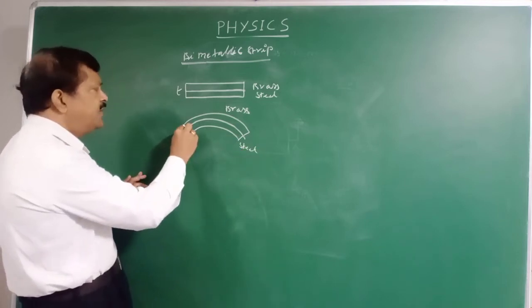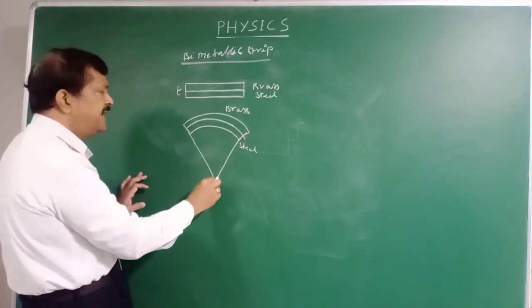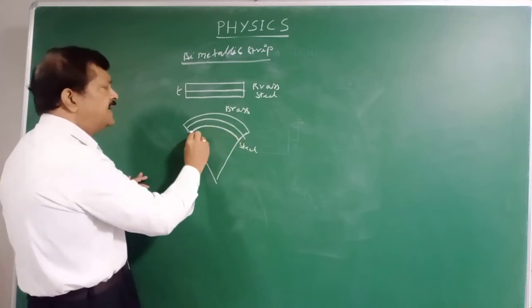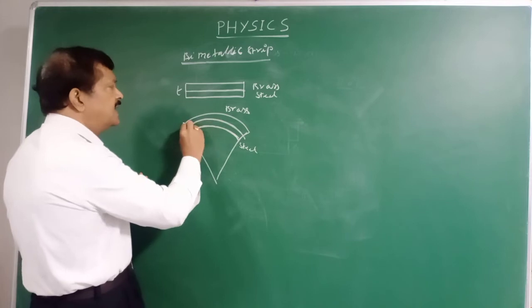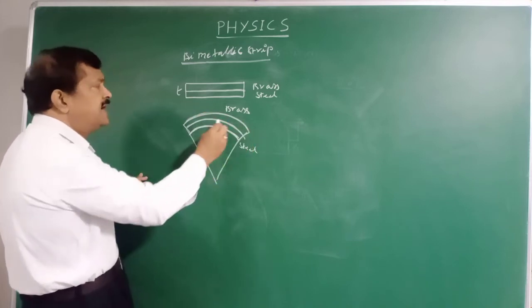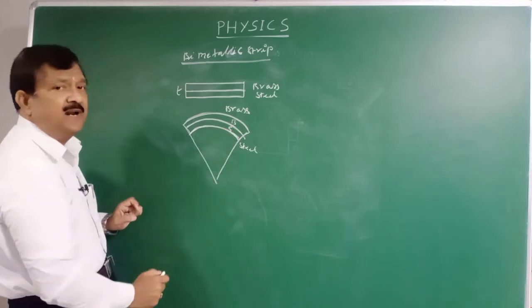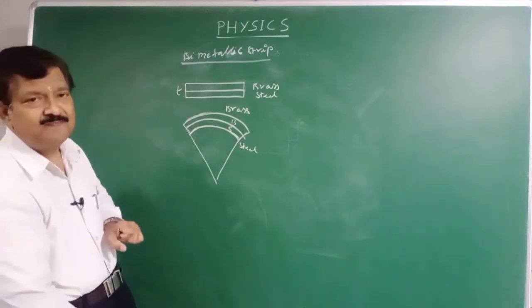Very clearly, when they are meeting at some point here, because the radius is less, the arc length is less at this spot and the arc length is more at this spot. So the brass will have larger length and the steel will have smaller length. It will be bending like this.